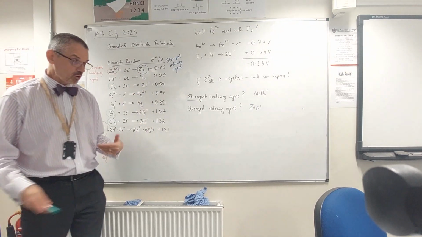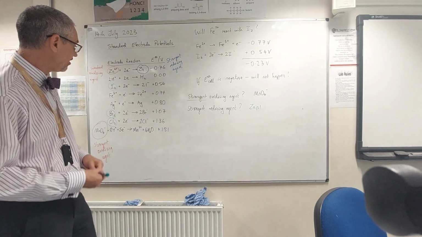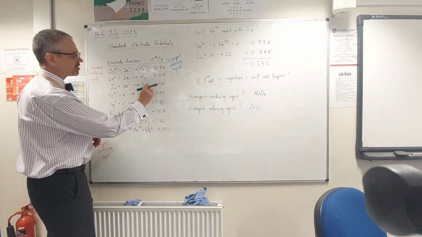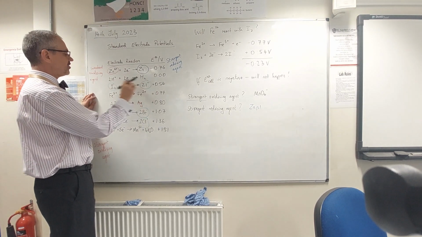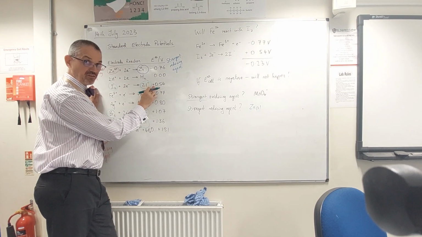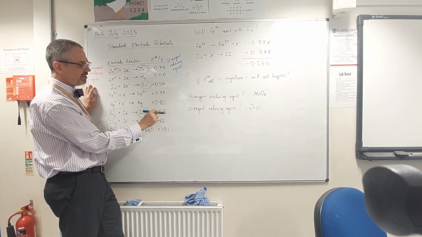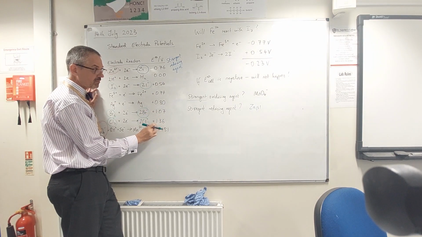But then ask yourself, which is the strongest reducing agent that is a halide? Well, now I'm looking over here, and of course I'm going in the other direction. So iodide to iodine, minus 0.54, which doesn't sound that flash, but it's still a more positive number than minus 1.07 and minus 1.36.